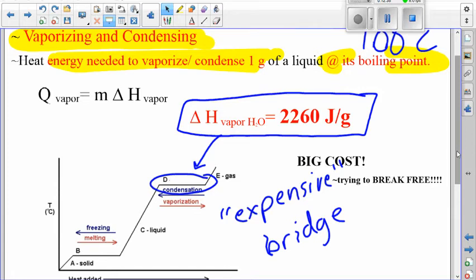So below, when you're melting or freezing, that's kind of a cheap bridge. Here, when you're either vaporizing, or sometimes people will say boil, or condensing, it's the expensive bridge. Okay? So you have to pump in 2,260 joules into every single gram of water that you're trying to take across that bridge. Or if you're going back that way, you have to take out that many joules.